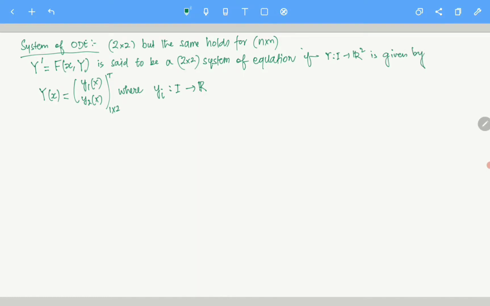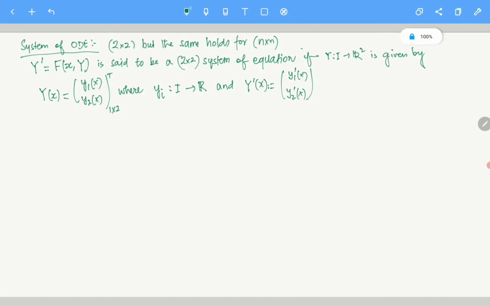So if Y from I to R2 is given by this one, where yi is from I to R, and capital Y prime of x, that is defined by y1 prime of x. So this is what I am defining. It's not like given somewhere or you can get to prove it. You can't. This is what I am defining.